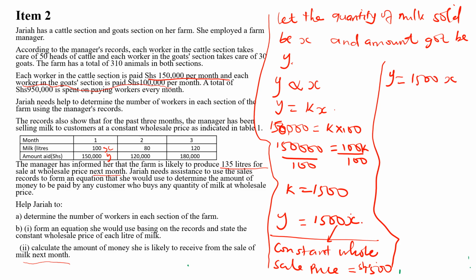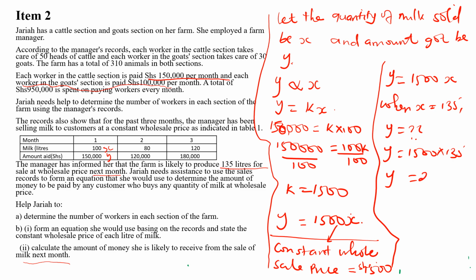Then ask yourself, when x is equal to 135, remember x represents the quantity of milk. Then here y, I don't know its value. So come and substitute. Y is equal to 1,500 times 135. Then here we have our value of y.